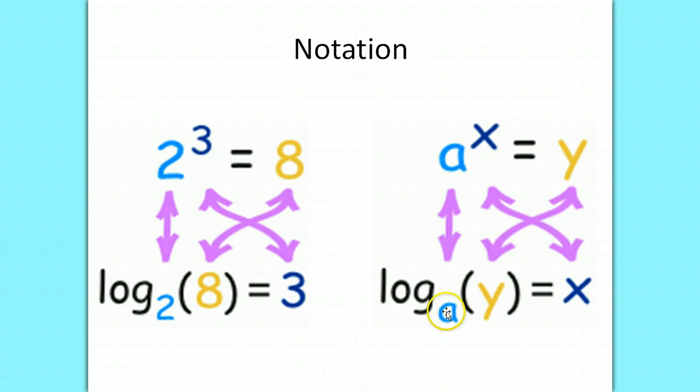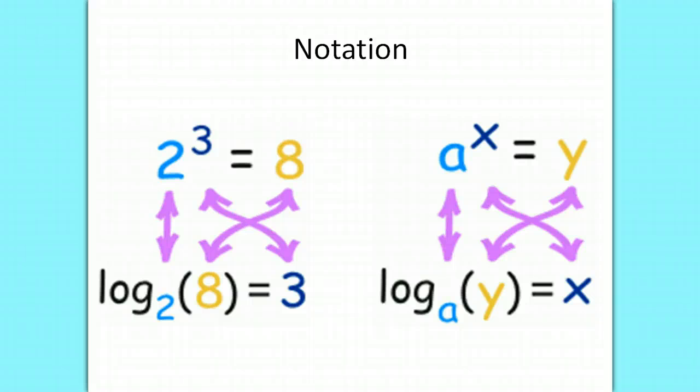If this is your basement, then this is your answer, and the basement begins with a B, answer begins with an A, and A and B are next to each other in the alphabet. And then it equals your exponent. Equal sign and exponent both start with an E, so those two things should be next to each other. So the X and your exponent would be on this side of the equal sign when you write it in logarithmic form.